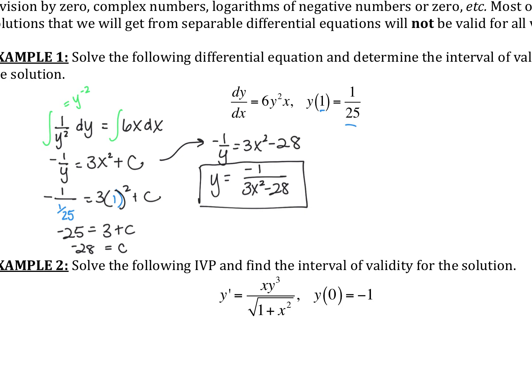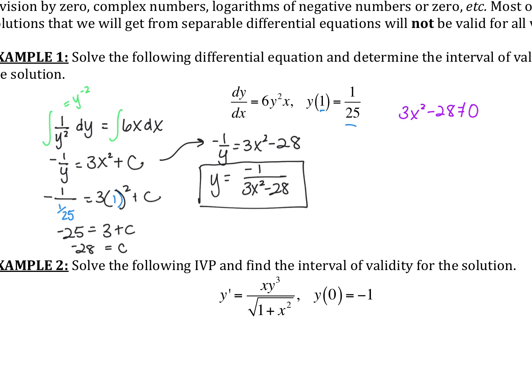Okay, let's talk our interval of validity. Where is this solution valid? Is it valid everywhere on the domain? No. Why? Square root of 28. We know 3x squared minus 28 cannot be 0.